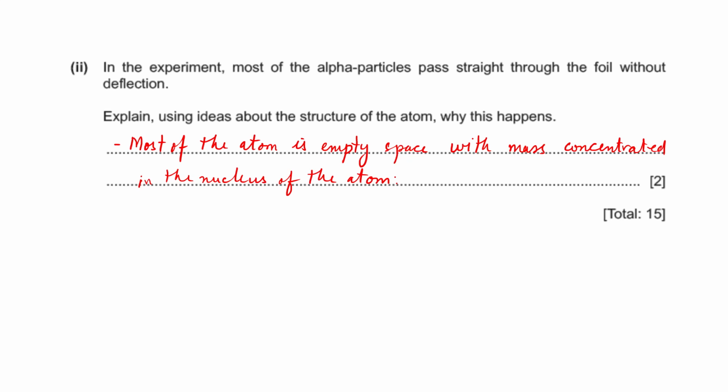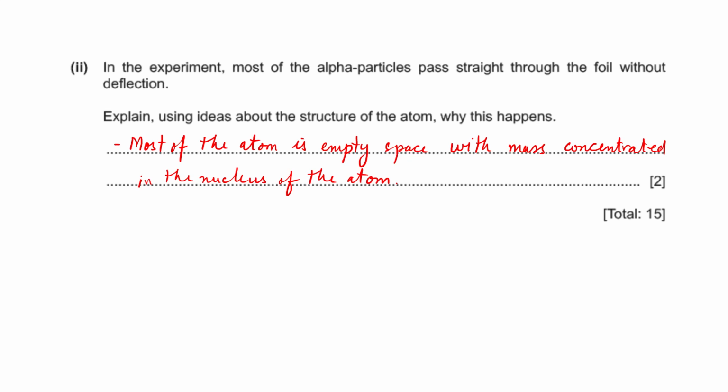So the particles do not find anything to interact with, most of the space is free, so they simply pass straight through. If they come in close proximity of a nucleus, they deflect, and that is how we can say that the nucleus is a charged particle, and the rest of the atom is empty space.